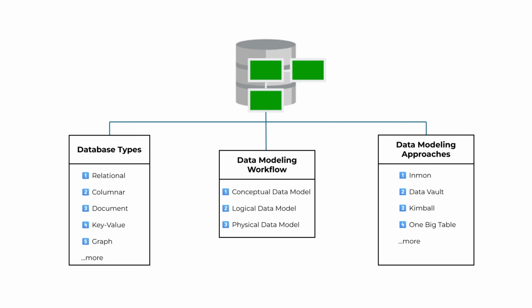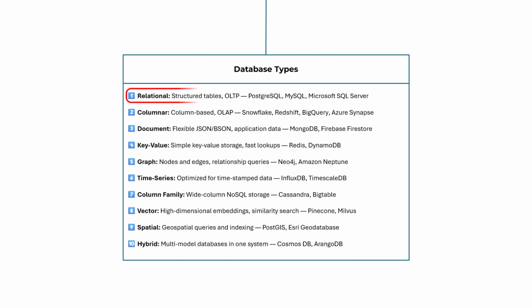Let's say you're working on a project and receive the initial proposal or requirement. Depending on the specific business need, you have to decide which database or platform is the best fit for your use case. For example, if you're building a transactional or OLTP system, where data integrity is critical and write performance is prioritized over read performance, then a relational database like PostgreSQL, MySQL, or Microsoft SQL Server is usually the best choice.